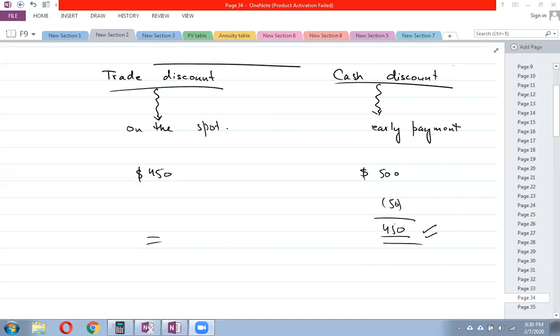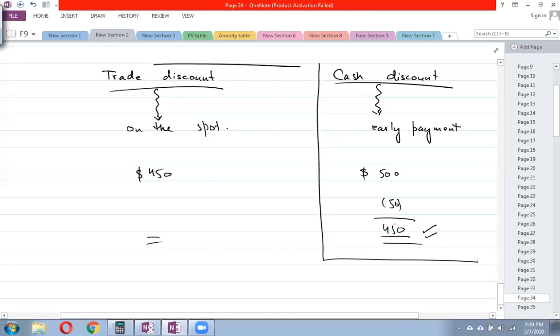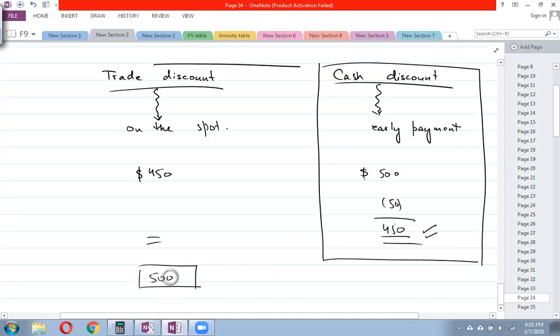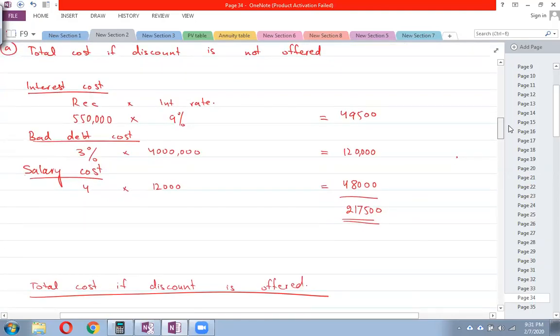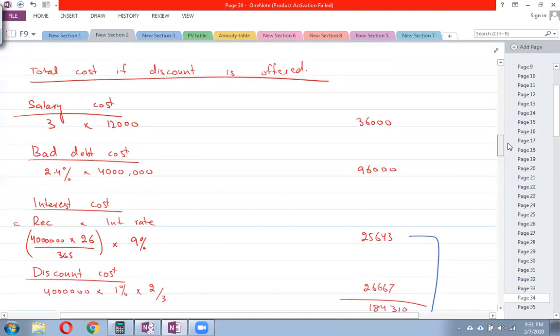Yes, trade discount will not be considered in your question, of course. But previously, the way the examiner used to do it was like this: he was considering 450, considering that the discount amount needs to be deducted from sale. Nowadays, the sale will be considered 500,000, right? Nowadays, the examiner is going to consider the full sale amount.